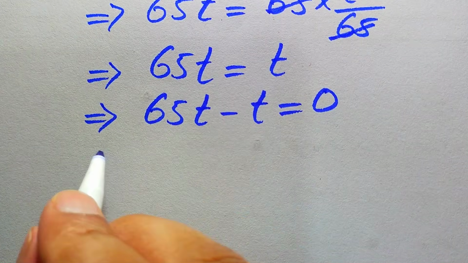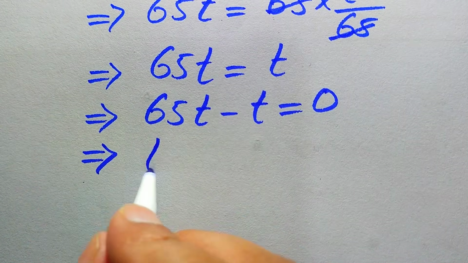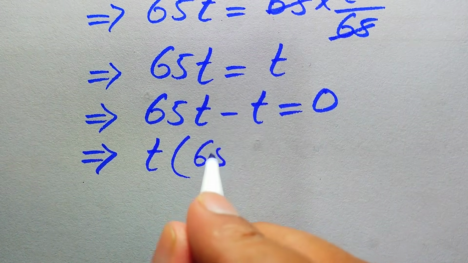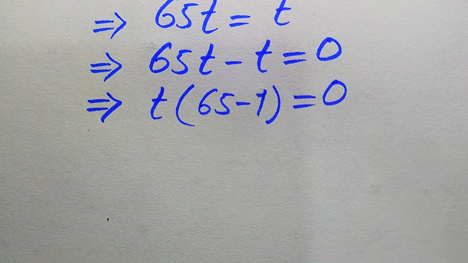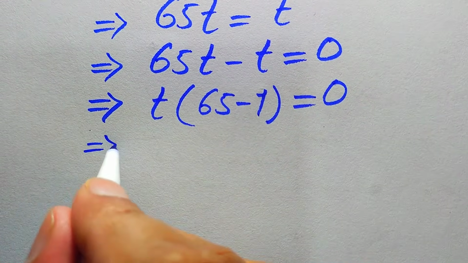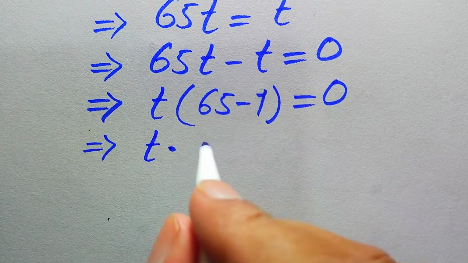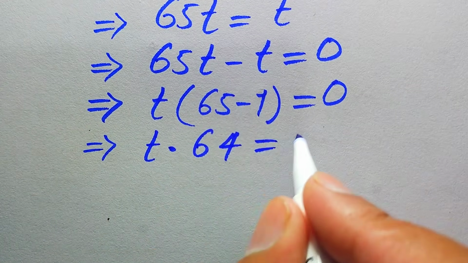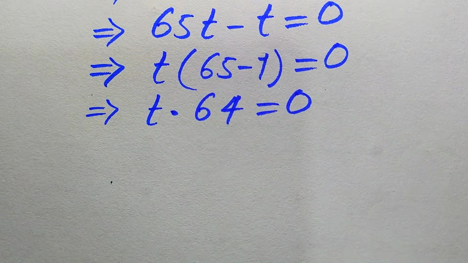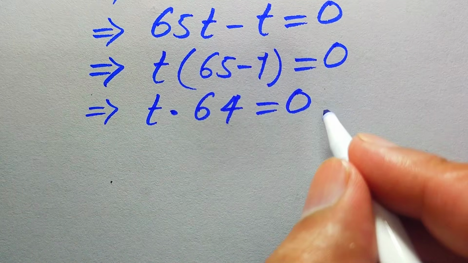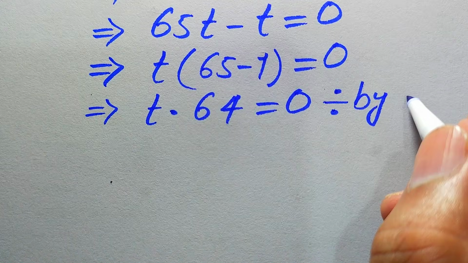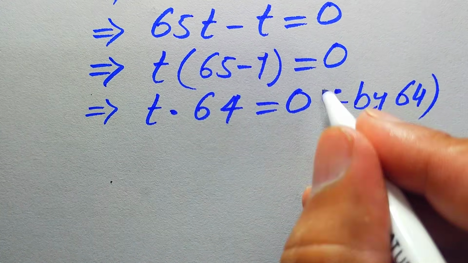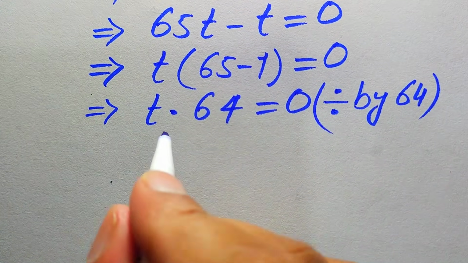You see that both of these terms involve t, so we take t common from here and we get the remaining values 65 minus 1, and this whole expression is equal to 0. So we have t times (65 minus 1, which becomes 64) is equal to 0. Now our target is to get the value of t, so for this we divide both of the sides by 64.